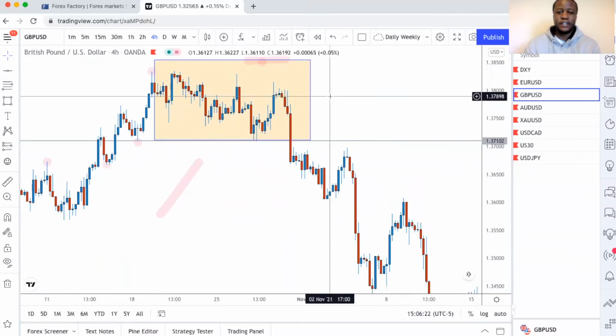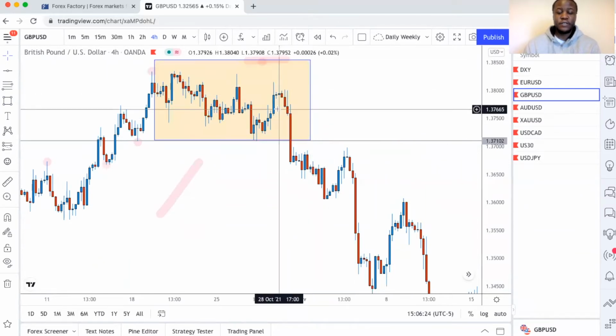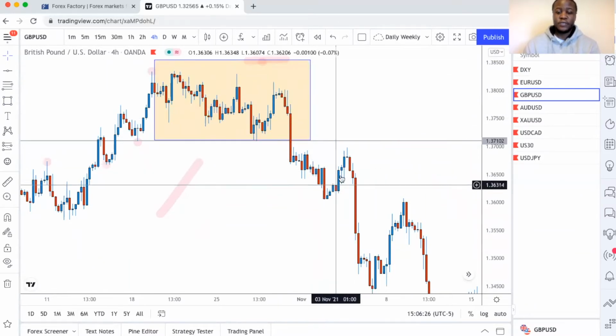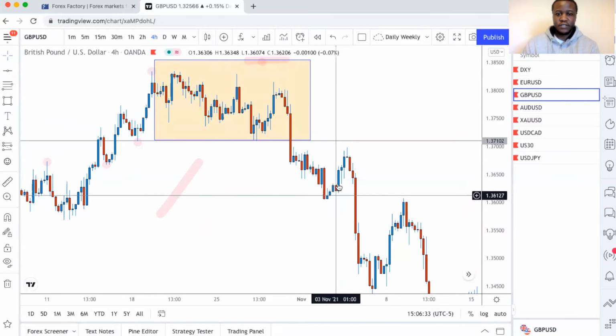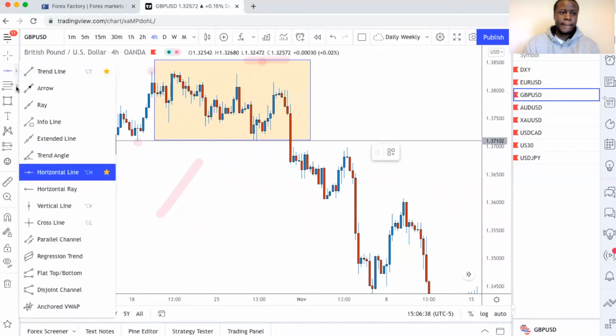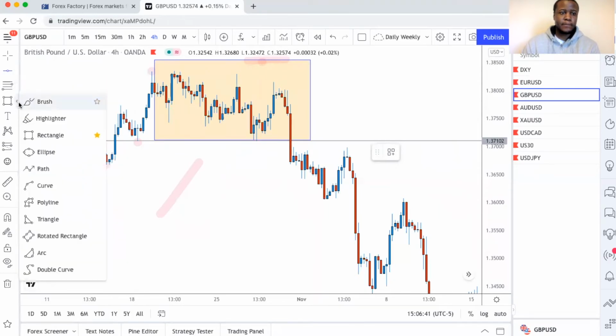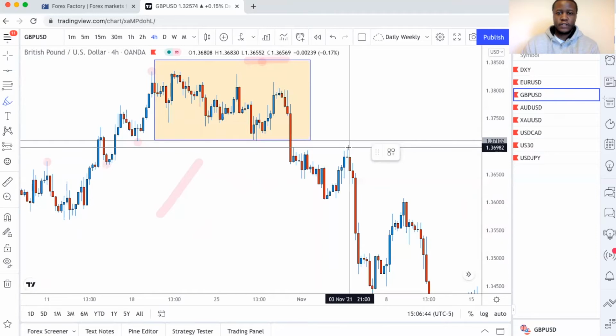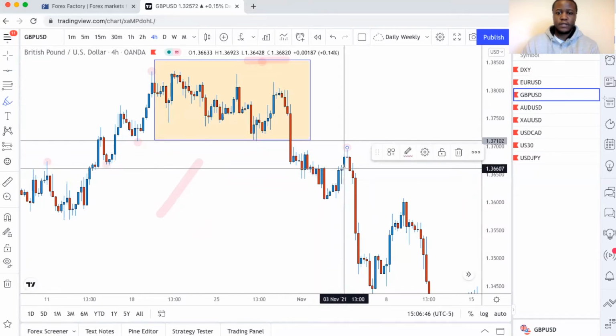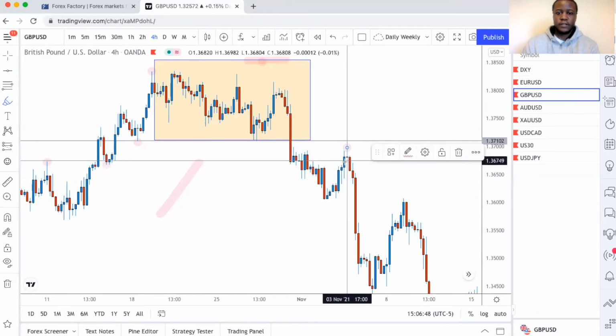Now we're looking for moves to the downside. Now what I say, once you see moves to the downside, you wanna look for a swing high to get in. And we have it comes down, forms a swing high right here.